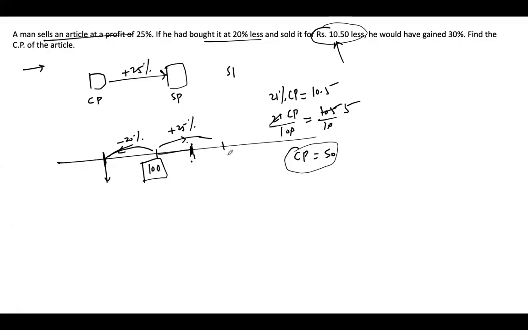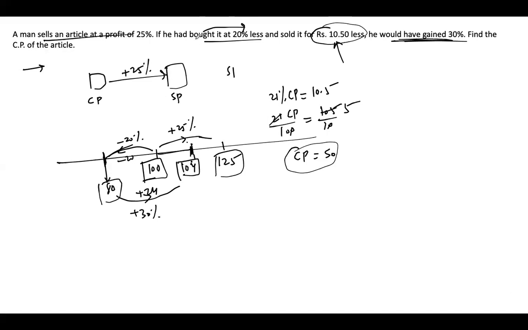If this is 100, then selling price would be 125. If he had bought it at 20% less, this would be 80. He would have gained 30%. What is 30% of this value? 24. This would be 104. If he had bought it at 20% less and sold it for 10.5 less. See here, by assuming values, what was the difference?